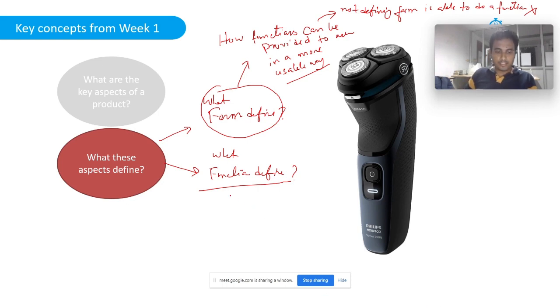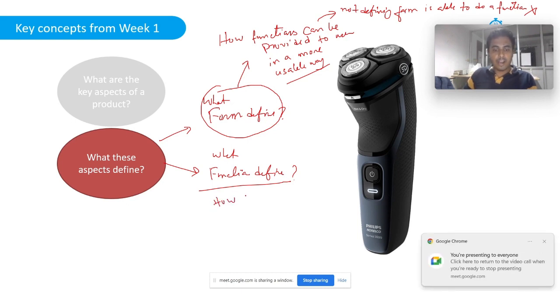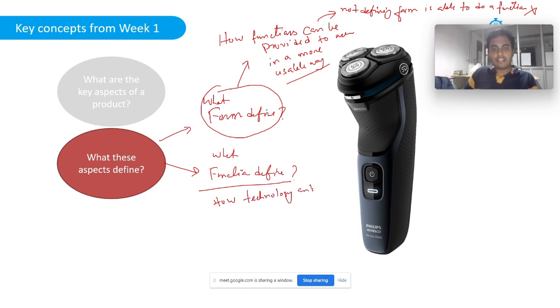So function defines how technology and engineering knowledge, so basically your technical knowledge as well as engineering knowledge, can be integrated to serve the overall operation of a product.